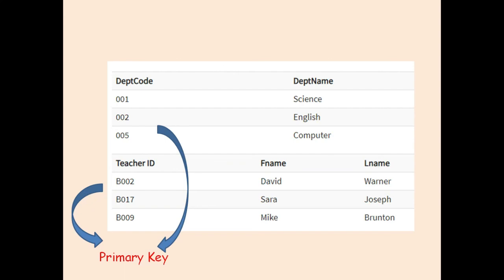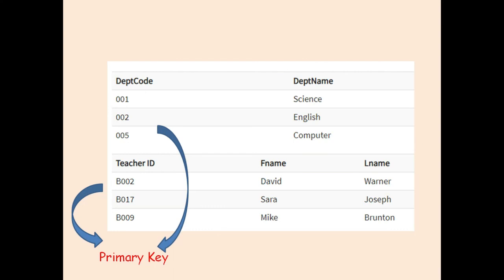So to join them together and to find out the name of the teacher who teaches English, the department code for English is 002. Let us remember this and move to the next slide.